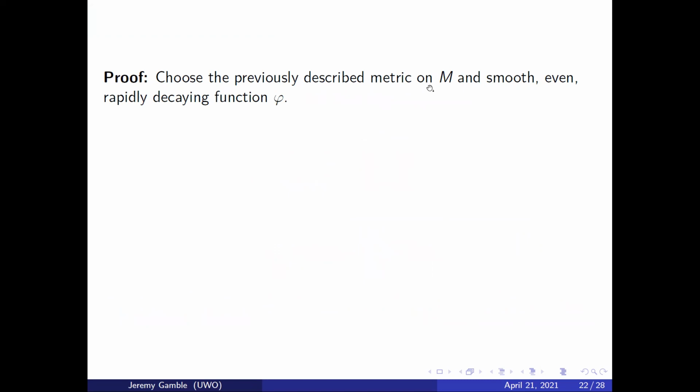So again, we're taking the metric we described before, which is flat around the Morse coordinates and then just patched together outside. And then we're taking our nice function phi, where phi of 0 is 1, and it makes the operator trace class. It's even, it has all the nice Fourier transform properties, and so on.